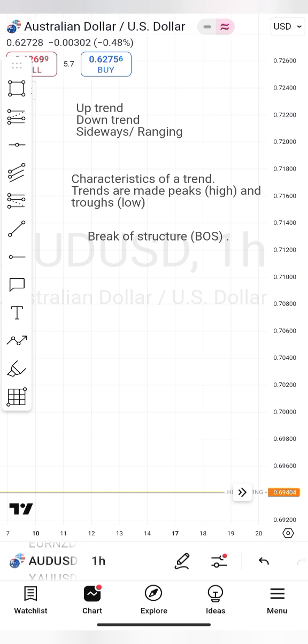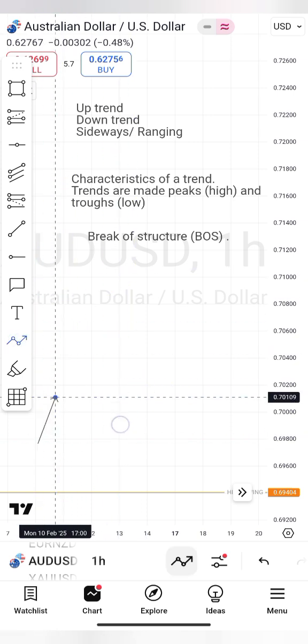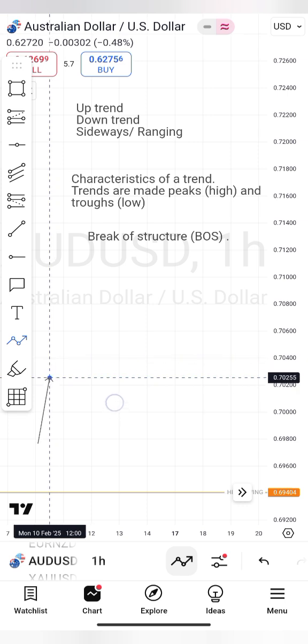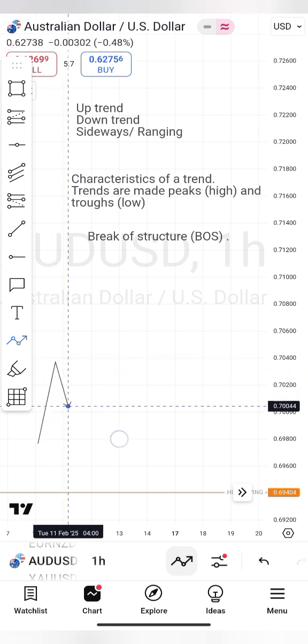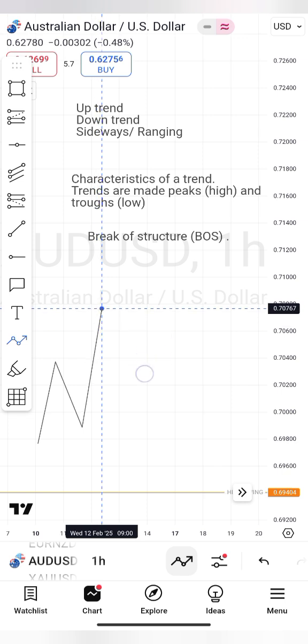We have already spoken about uptrend, downtrend, ranging. Okay, so let's say a market is moving. That is the starting point. It moves like this, moves like this, moves like this.